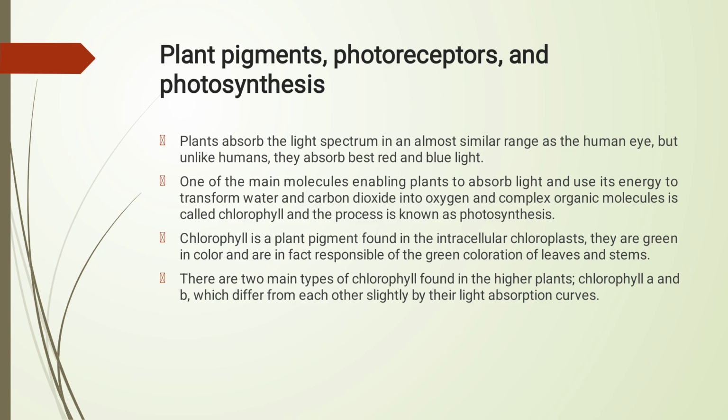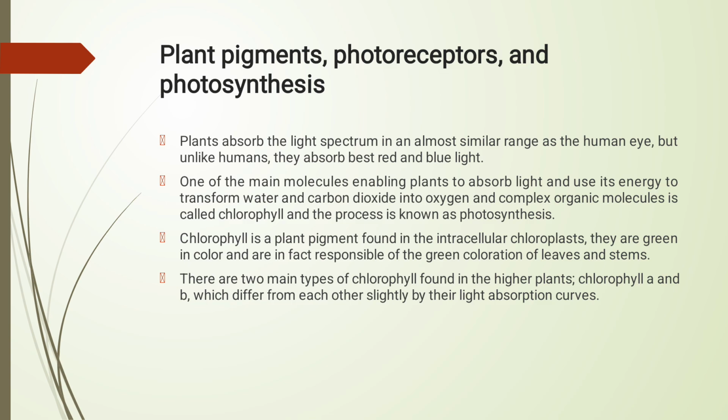One of the main molecules that enables plants to absorb light and use its energy to transform water and carbon dioxide into oxygen is the complex organic molecule called chlorophyll. This process is known as photosynthesis.